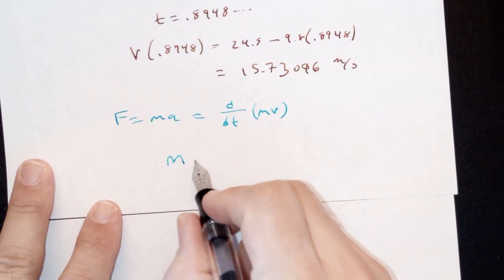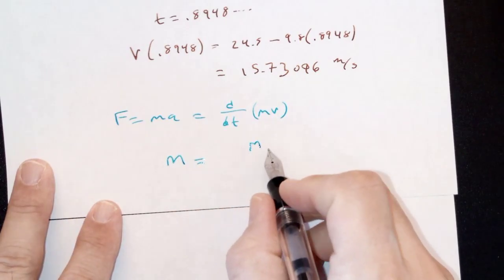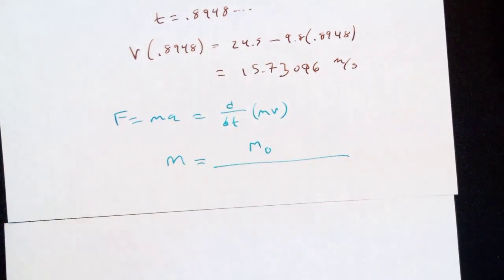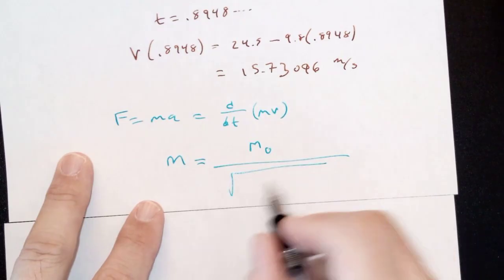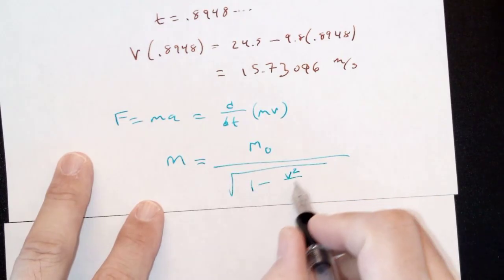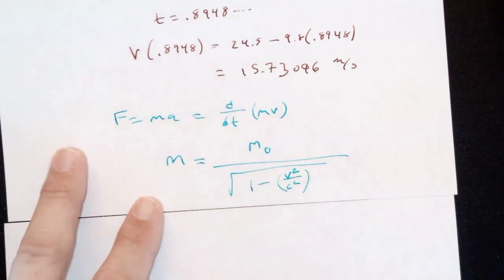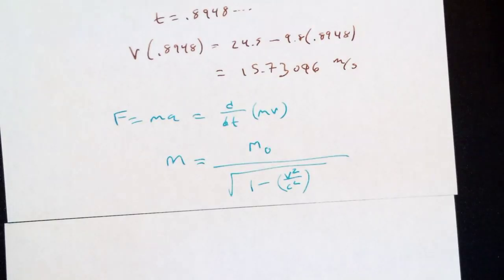The mass is actually your resting mass, the mass when you're not accelerating, divided by the square root of 1 minus v squared over c squared, where c is the speed of light. This is Einstein's equation on the relationship between mass and energy applied to mass.